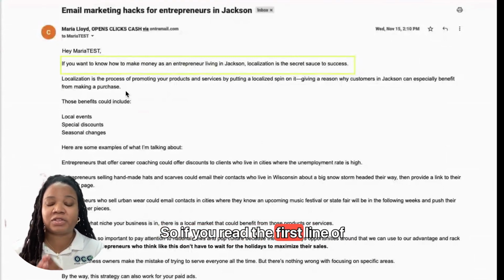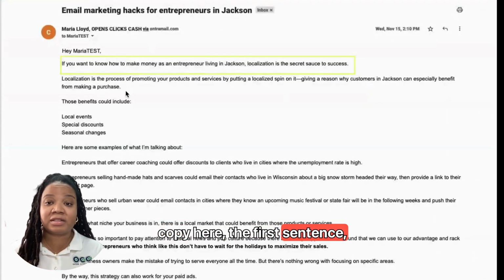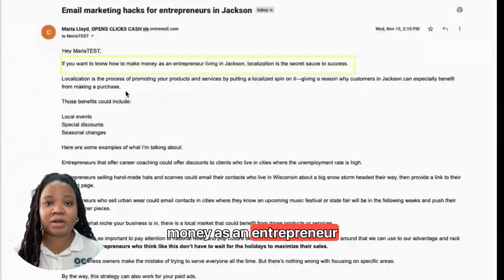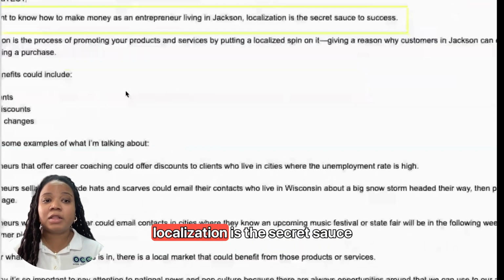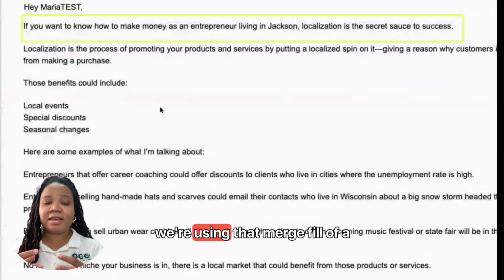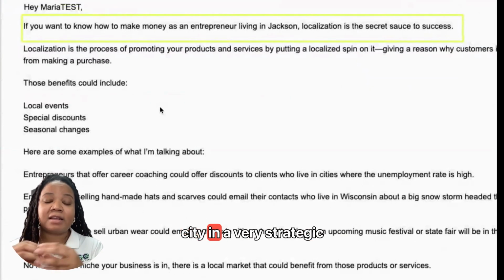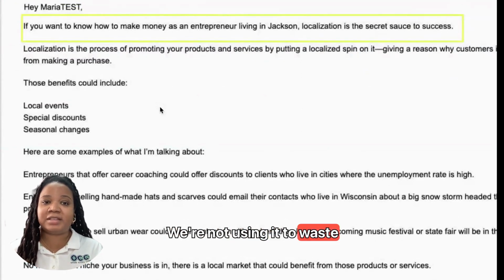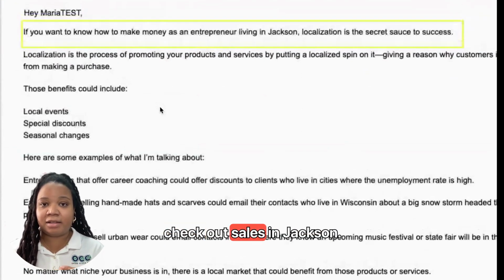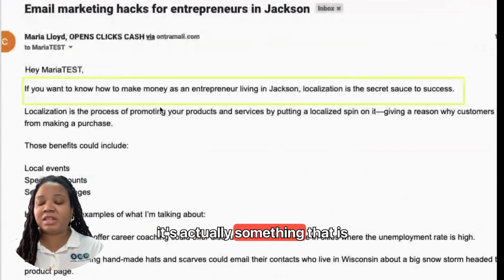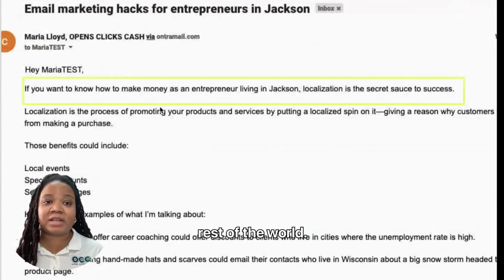If you read the first sentence of copy here, it reads, "If you want to know how to make money as an entrepreneur living in Jackson, localization is the secret sauce to success." Again, we're using that city merge field in a very strategic and intentional way. We're not using it to waste their time by saying, "Hey, check out sales in Jackson," and then when they open the email, it's something widely available to the rest of the world.